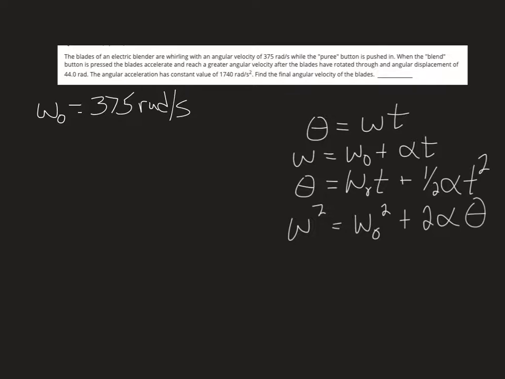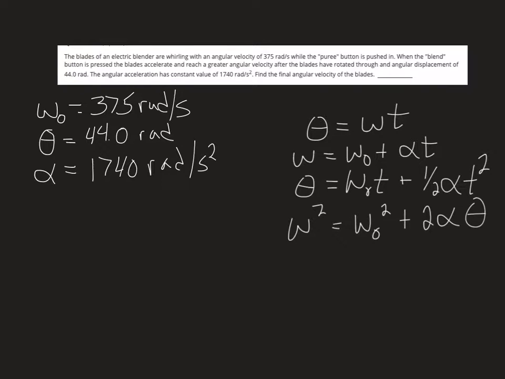When the blend button is pressed, the blades accelerate and reach a greater velocity after the blades have rotated through an angular displacement of, so theta equals 44 radians. And then the angular acceleration is 1,740 radians per second squared, and we're looking for our final angular velocity.